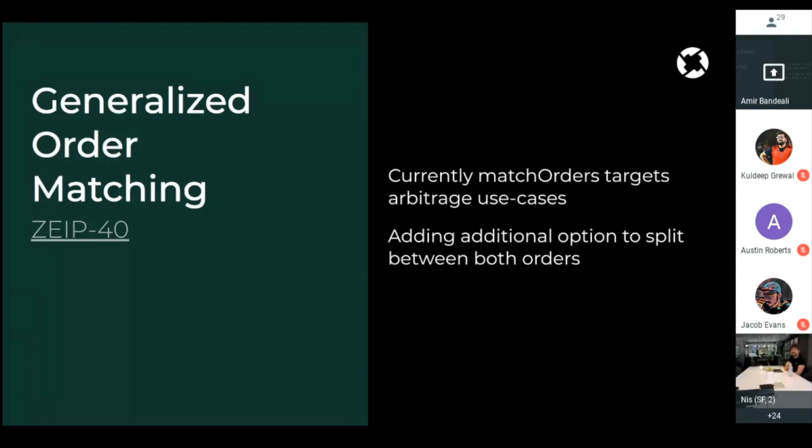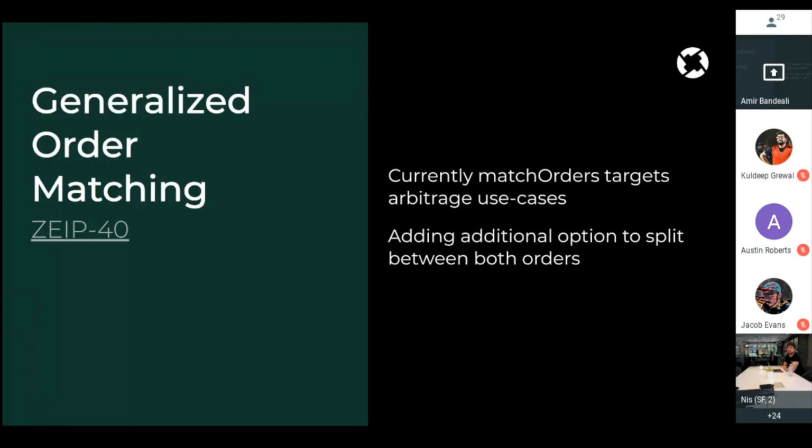But by doing that, you are actually filling both orders more than necessary and potentially giving up a small amount of the spread that you would otherwise keep. So ZIP 40 gets into this in quite a bit of detail and shows some graphs of what the profit curve would look like under different circumstances.